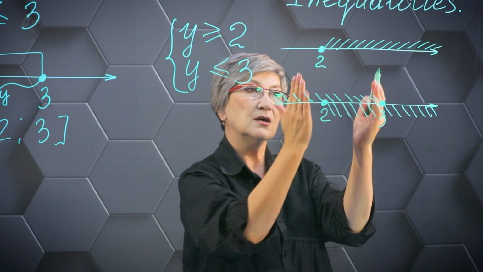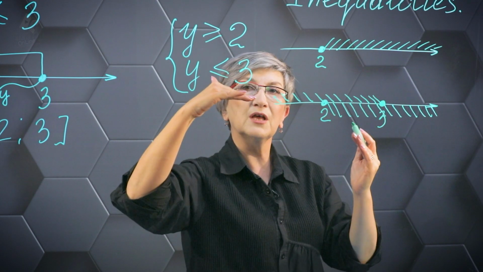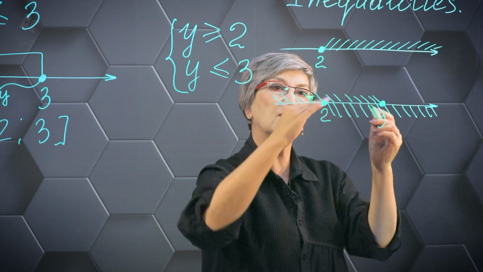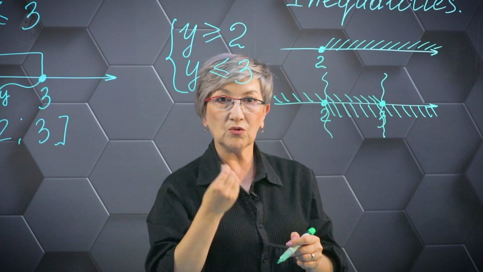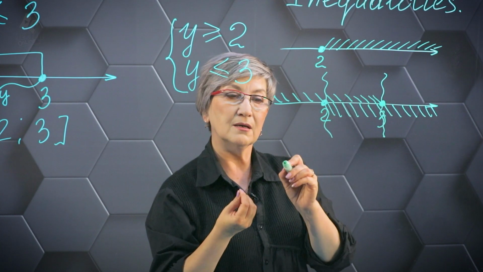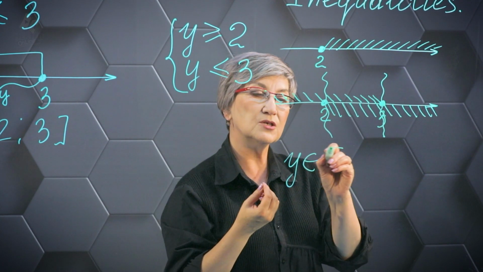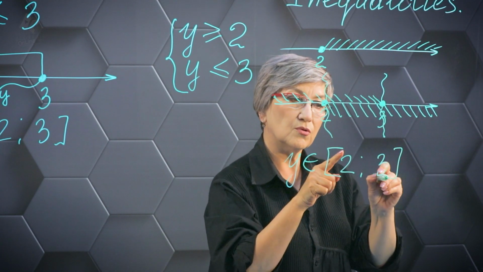And what do we see? The simultaneous solution of the first and second inequalities is contained in this interval from 2 to 3. I will indicate that y is included in the range from 2 to 3.